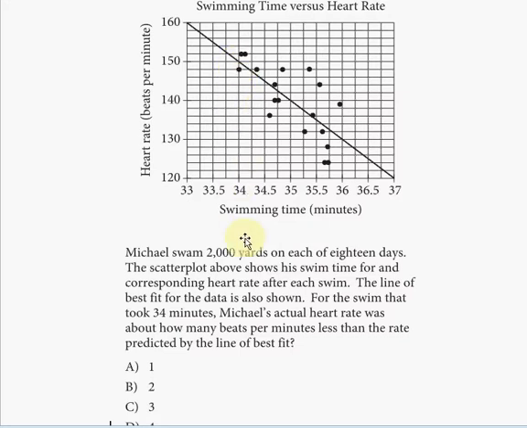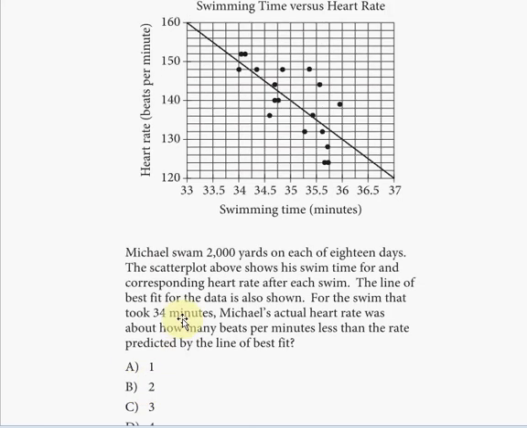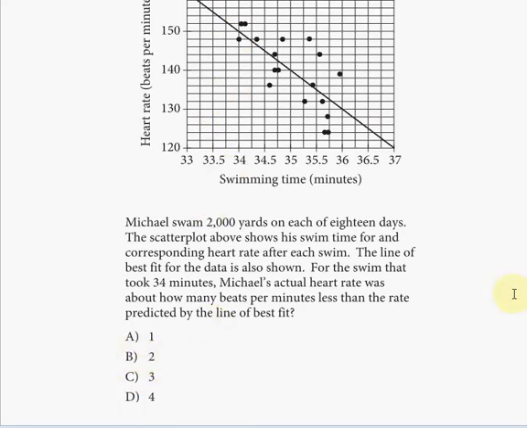And that's exactly what you see here in answer choice B. So 150 minus 148 is 2 beats, but you don't even have to think of it as 148, because if you just think of each box's vertical side measuring 2 beats per minute, then you just have to add the difference here, which is 2 beats. So answer choice B is the correct answer choice to this problem.